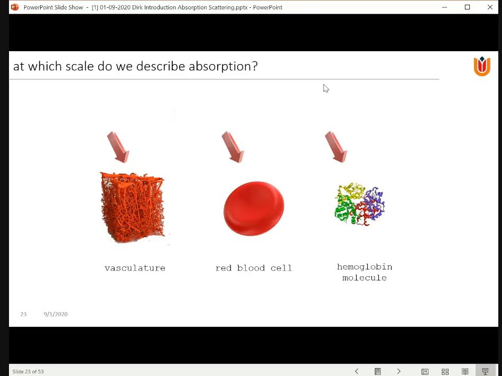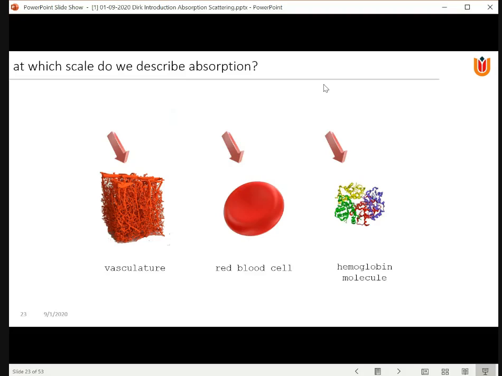Then a question we need to ask is, at what scale do we describe this absorption by biological tissue? We can describe it as a function of the vasculature, so then we're looking at a larger piece of tissue. But we could also describe the absorption properties of a single red blood cell, which would be a much smaller length scale.